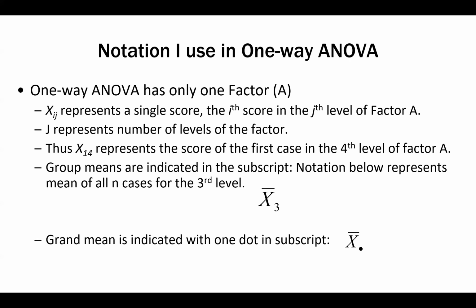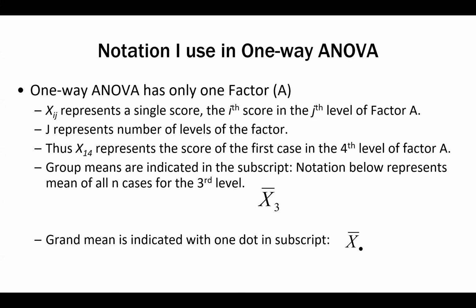The group means are indicated with a mean symbol, X bar, and in the subscript, you have which group is referred to. Its generic form is X bar sub J, but for any individual analysis you put in, for instance, X bar sub 3, which is the group mean for the third level of the factor.